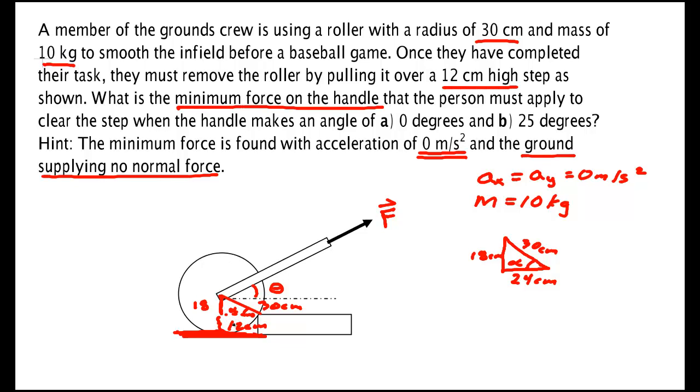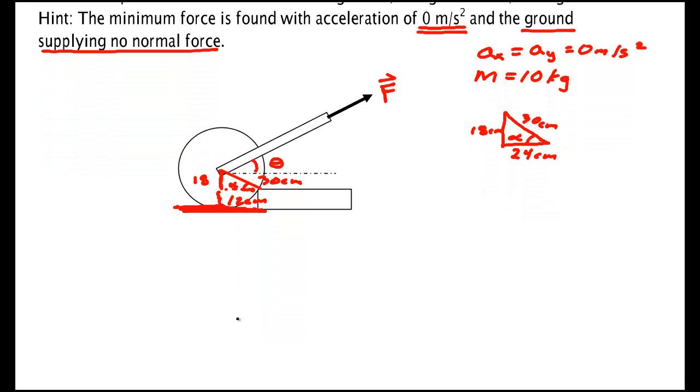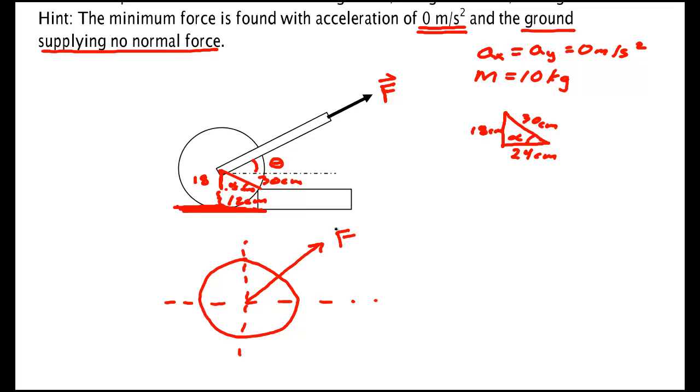Alright, so let's draw a free body diagram and see if what I have helps out a little bit. Got this big diagram like that. Isolate the body. There is a force this way, F. It's at an angle of alpha, I'm sorry, theta.